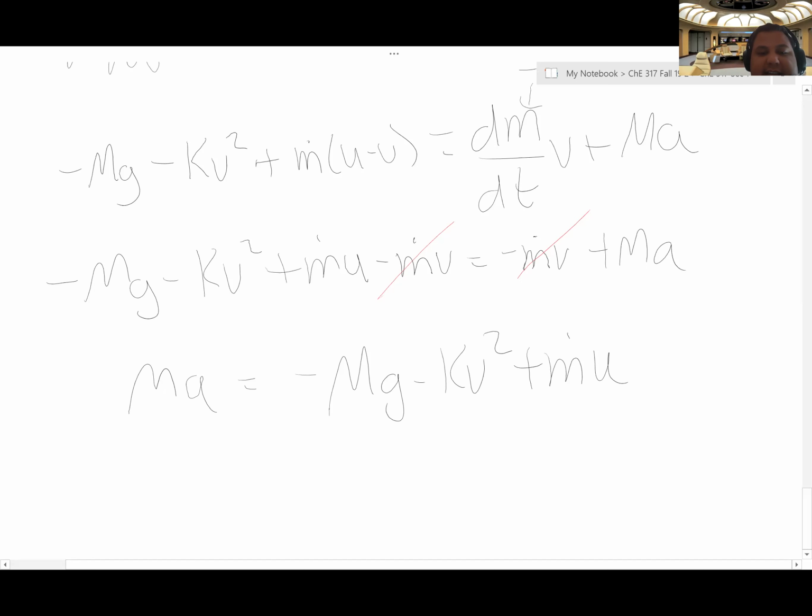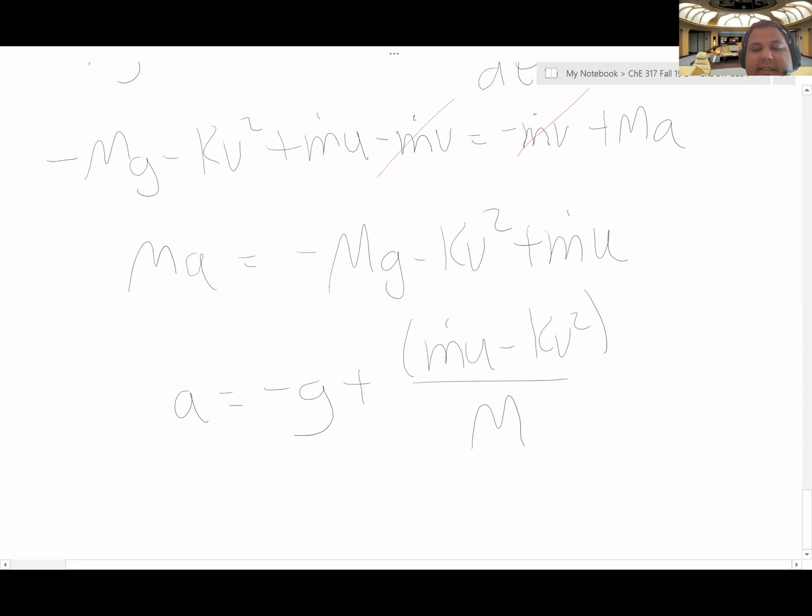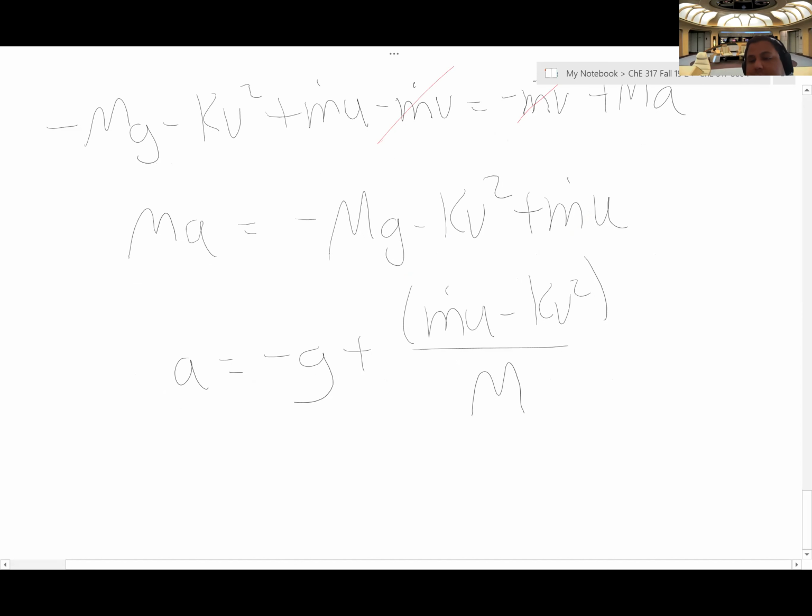So that means our acceleration is simply gravity plus the mass flow rate minus the resistive force over the mass of the rocket. And that's what we have for our acceleration term.